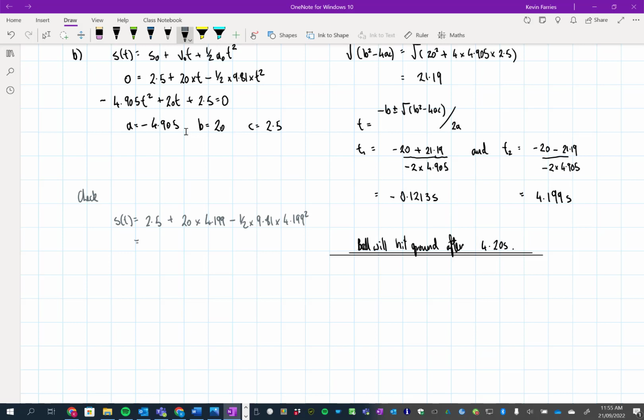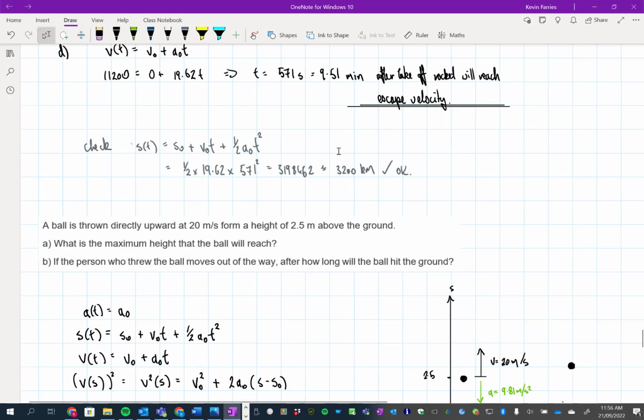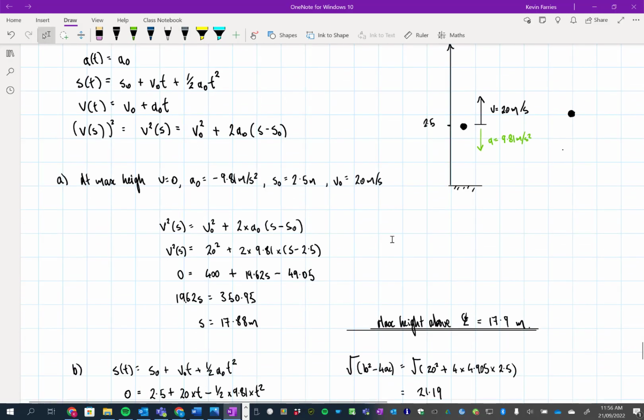Let me just figure that out. It's equal to 0.003, which is good enough given rounding errors. Okay, so it looks like it's okay. That's us answered that whole question.